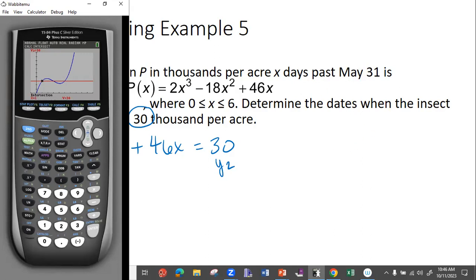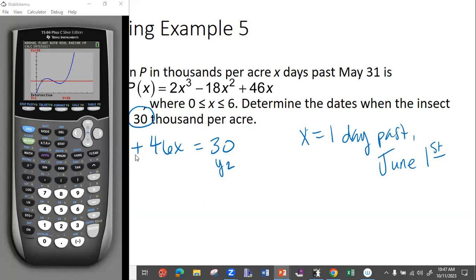So our first solution is x equals 1. So this is x equals 1 day past. If I'm 1 day past May 31st, what's my date? June 1st. So the first population of 30 is on June 1st.